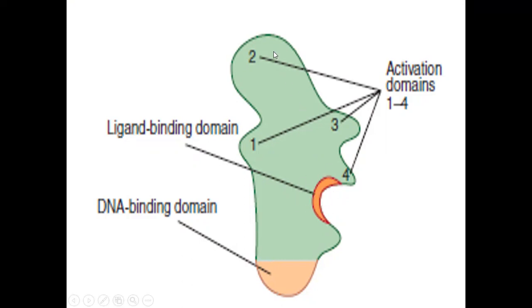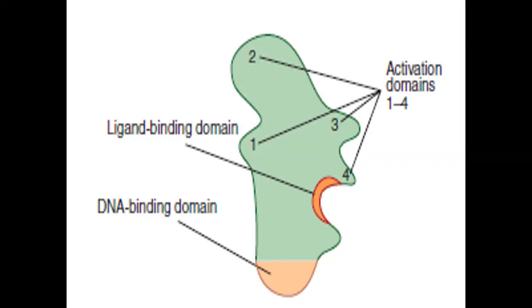Now it has activation domains. Remember, once the hormone is bound to the ligand binding domain, the hormone causes the receptor to undergo configurational changes, thus exposing its activating domains. The activating domains in turn act upon the effector molecules to produce the desired physiological effect.